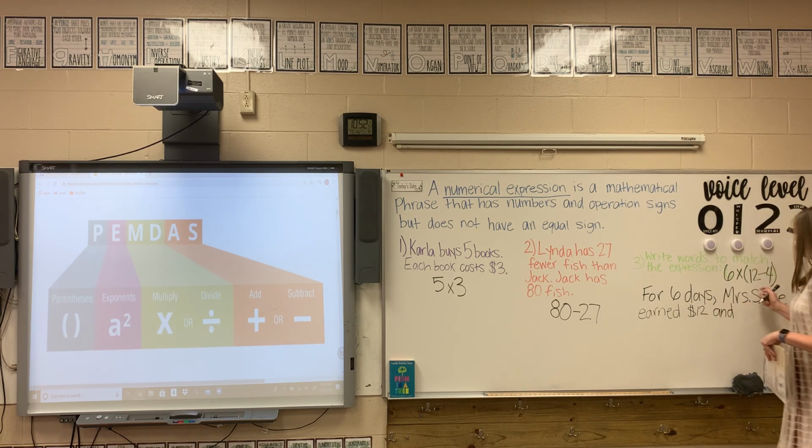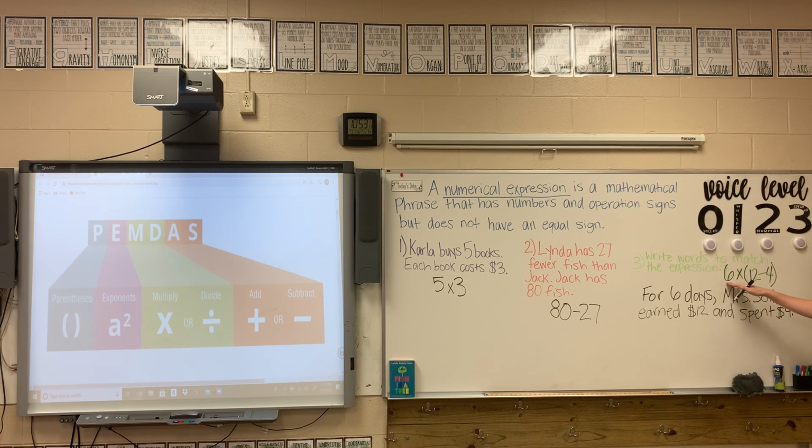And how much am I losing or spending? 4, right? And spent $4. So we have the expression 6 times 12 minus 4.